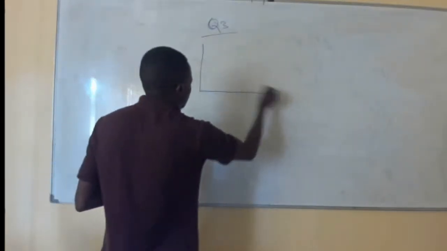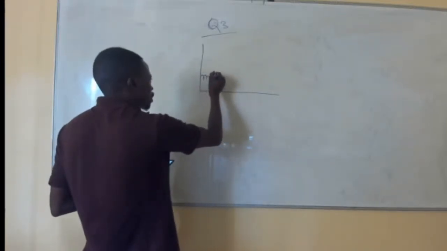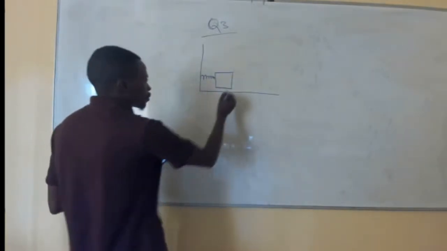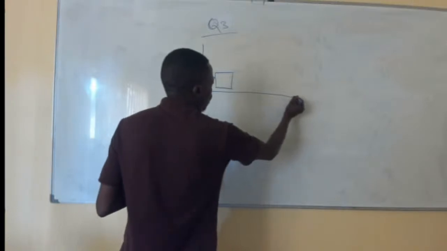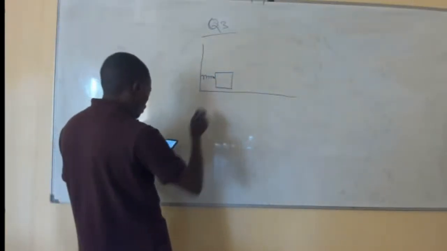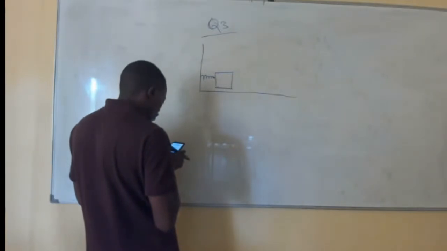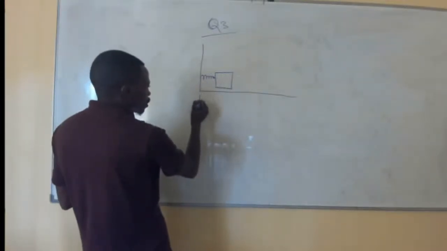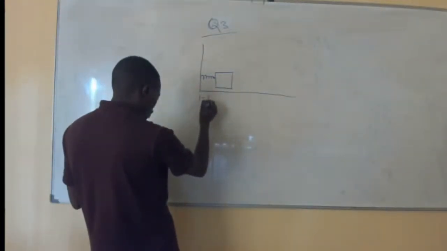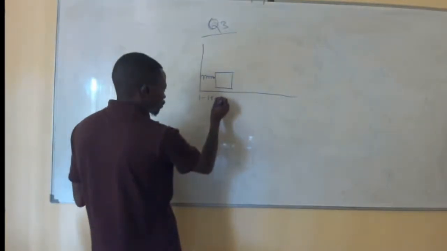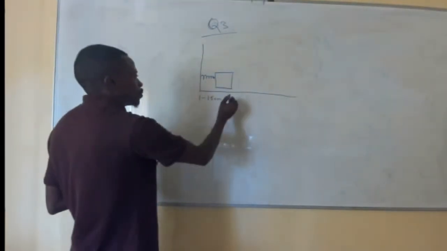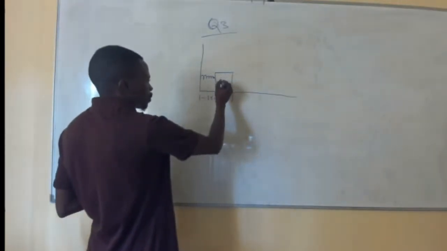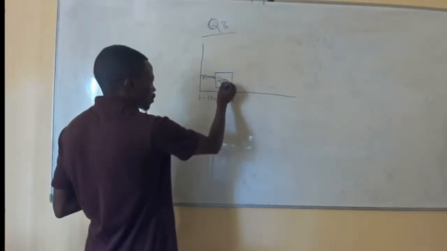There is a spring that attaches itself to a block, and then the spring is compressed by 15 centimeters, and the block is 200 grams.